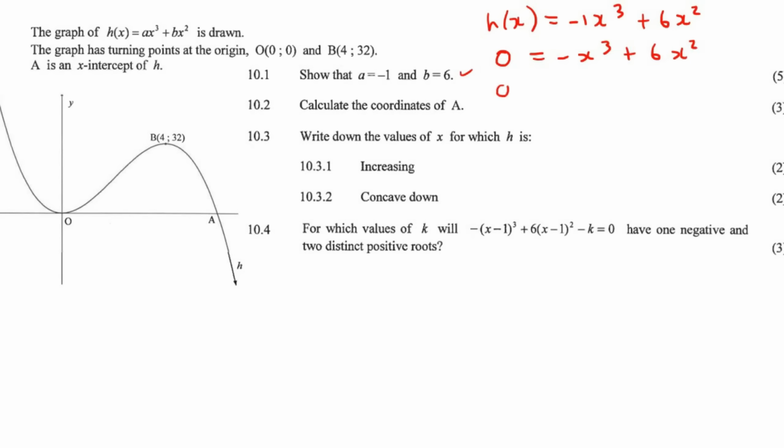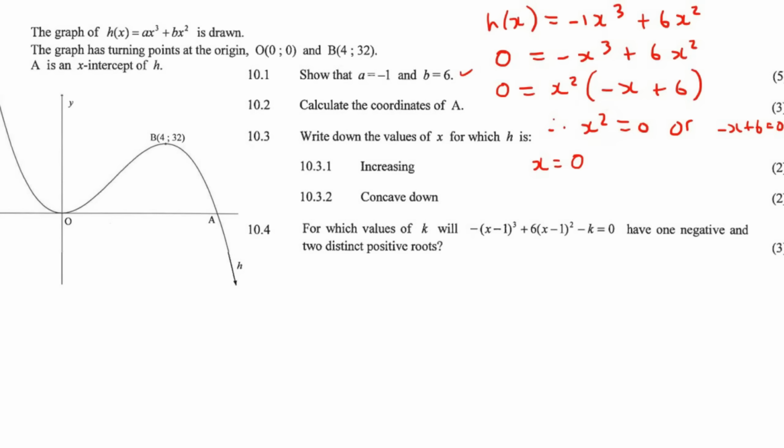Now we could take out a common factor here of x to the power of 2, and then you'd be left with minus x plus 6, and therefore you can say that x squared is equal to 0, or x is equal to 6, or if you want we can first say minus x plus 6 is equal to 0, and so what we'll find is that x is equal to 0, but there's two of these, can you see there?